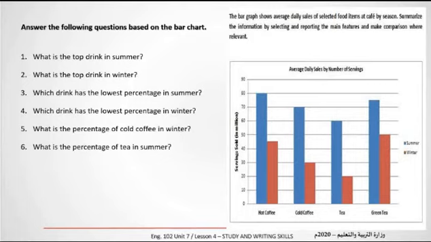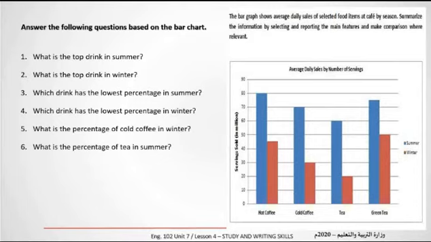Faisal Ahmed says also tea is the lowest percentage in winter. Faisal, please write your answers as 1, 2, 3, 4, 5, 6 with the answer. So number 1 is like this. Number 2 is like this.